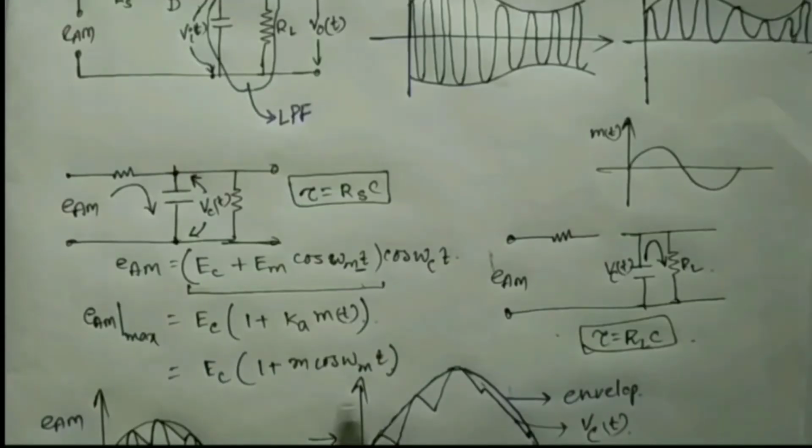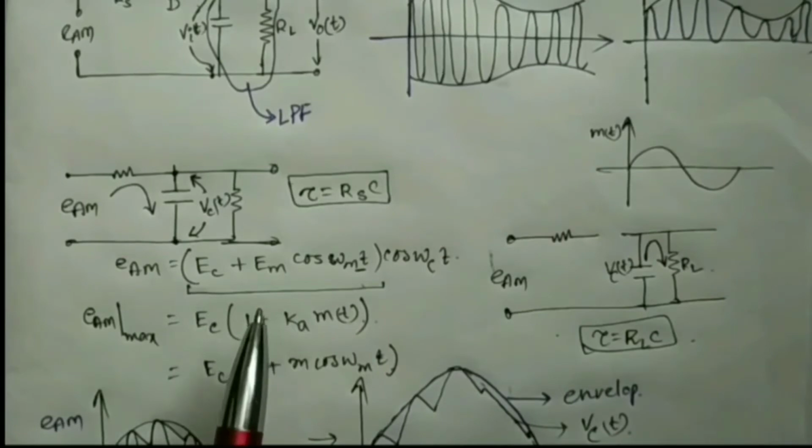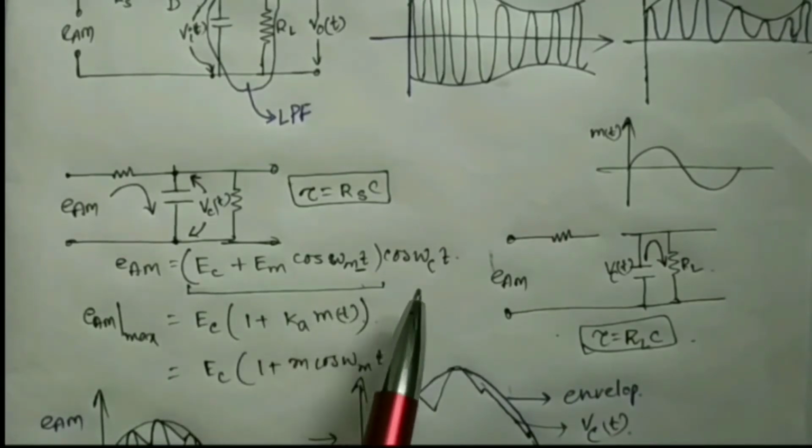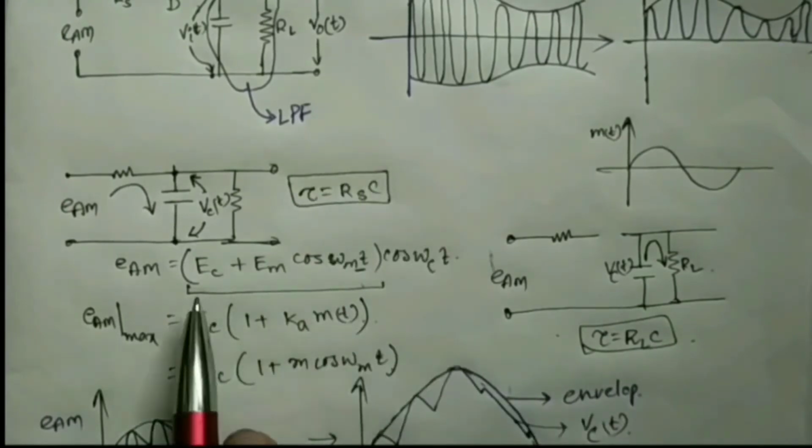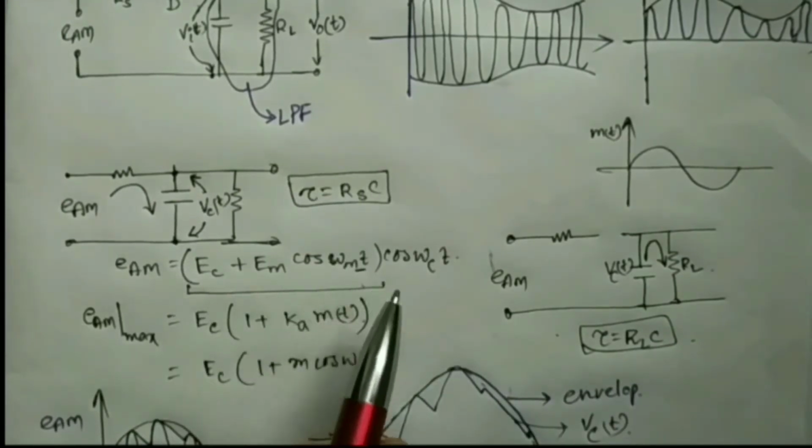So similarly, if our input EAM is EC plus EM cos omega MT into cos omega CT, the output VOT will be EC plus EM cos omega MT.